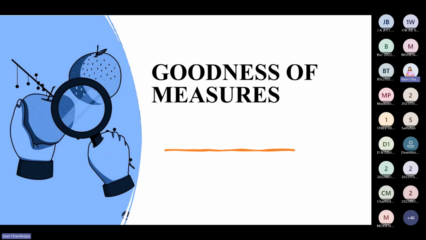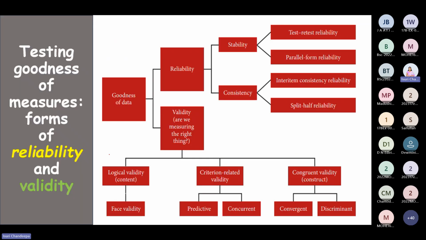Okay. Once you have collected the data, you need to measure the goodness of measures. We have to measure the goodness of data. We collected the data. Is this data reliable? How much is the goodness?